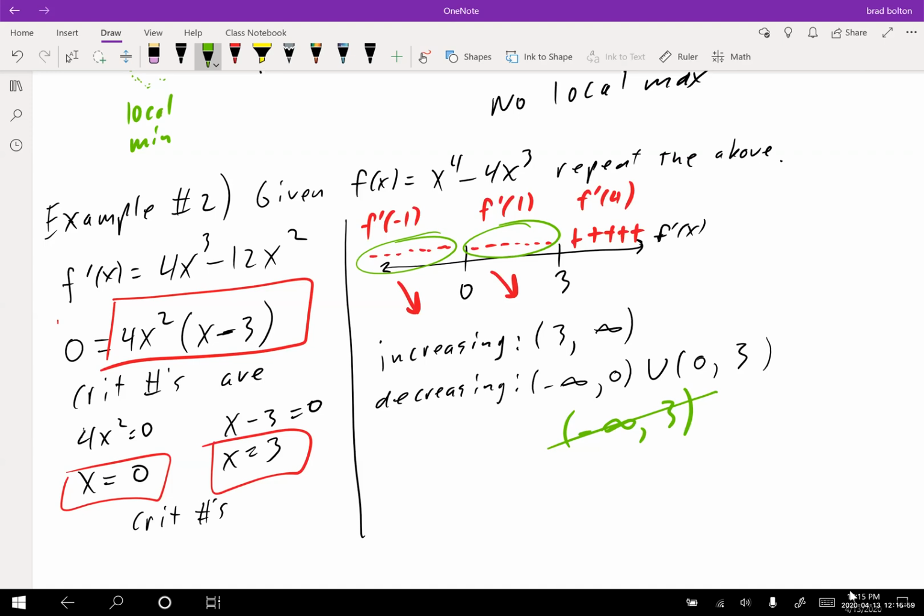That means you have a horizontal tangent line. Your slope is 0. So when you have a horizontal tangent, are you increasing or decreasing at that moment? You're doing neither. You can't actually say that the graph is increasing or decreasing at 0 itself. Around 0, to the left and to the right of 0, it's decreasing. But you can't say at 0 itself, okay?